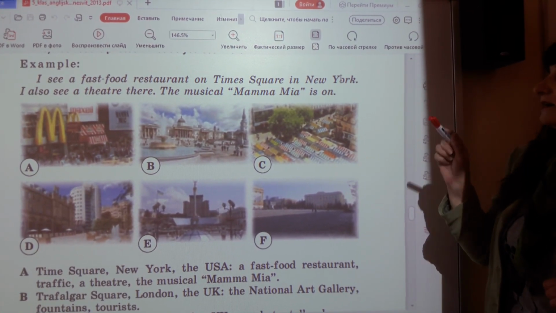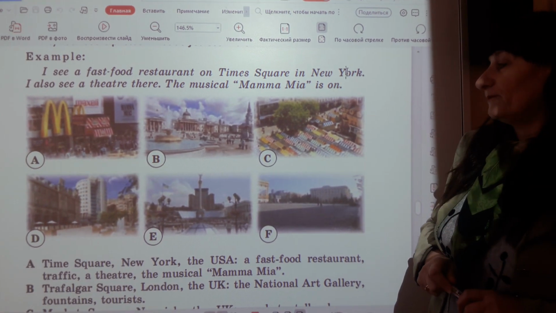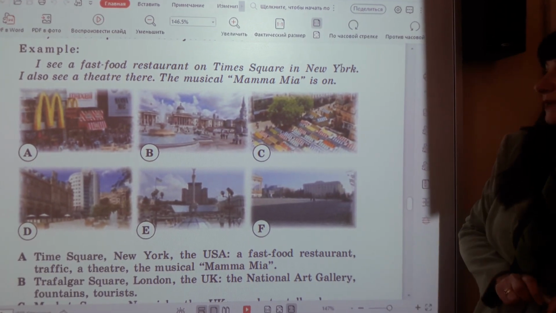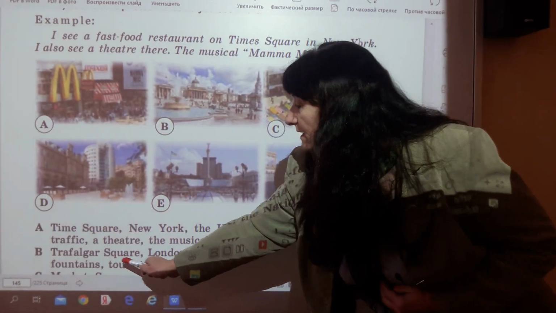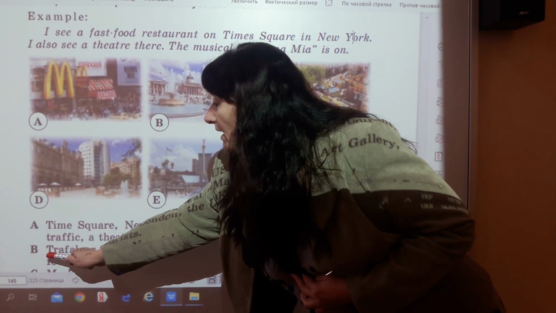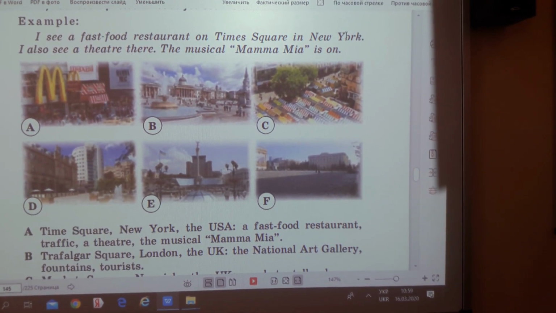Times Square is one of the central squares in New York. And now we are going to make an example to picture number 2. And here we have the key words. Picture B and words. Repeat after me.